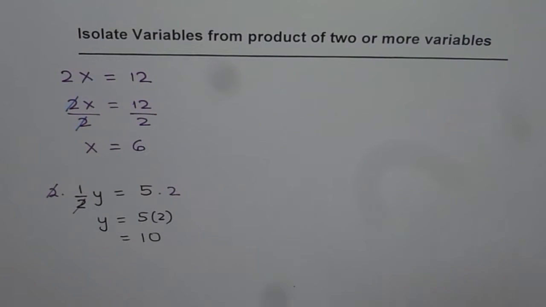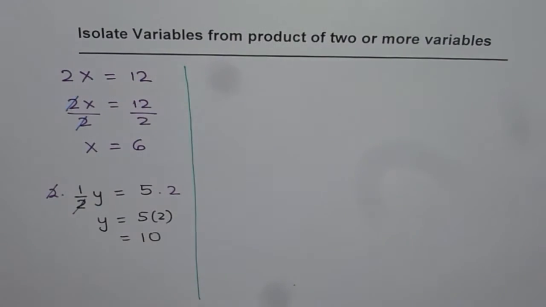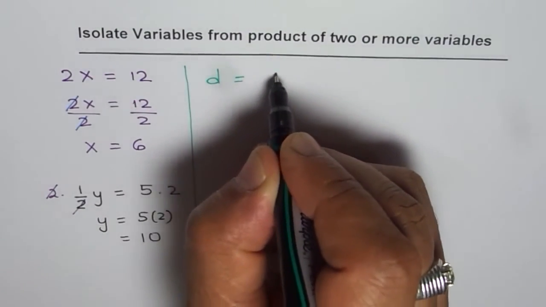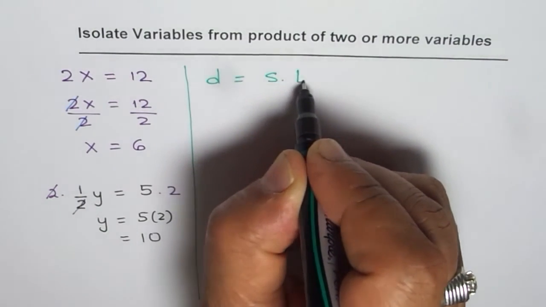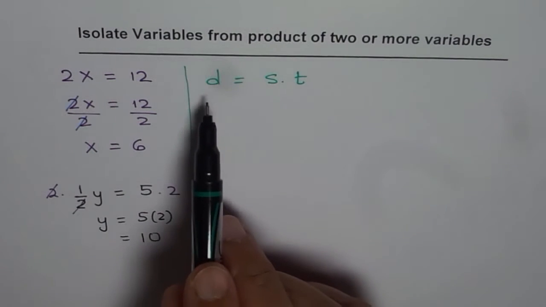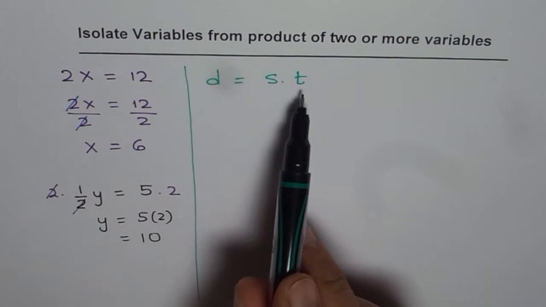Now let us try to see the same thing when we have two or more variables, right? Now you know distance d is equal to speed times time. So distance is speed into time, right? Now this is a formula which gives you distance provided you know speed and time.